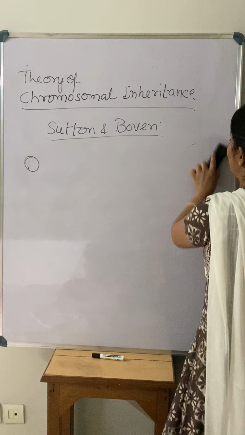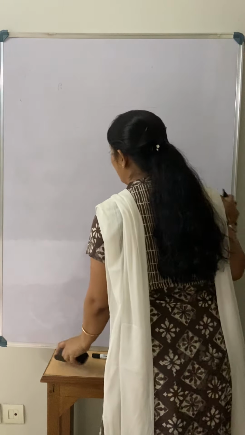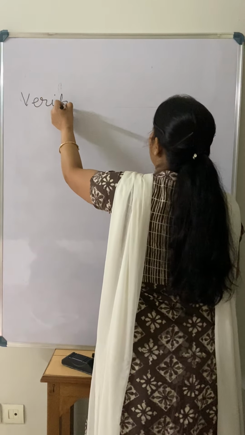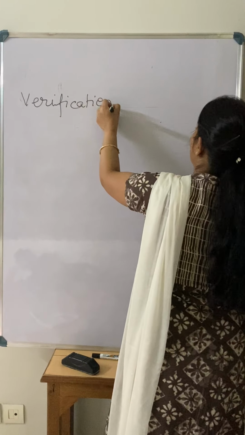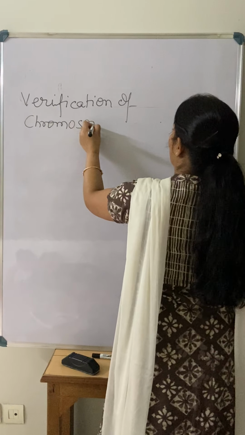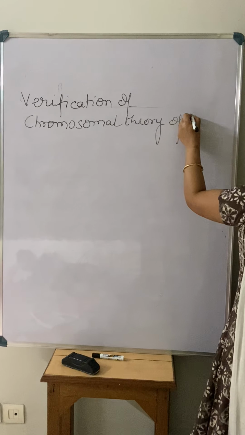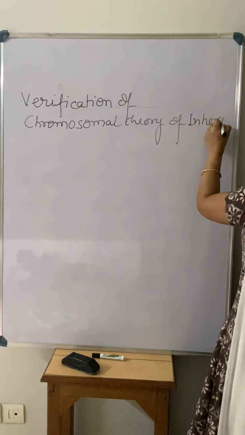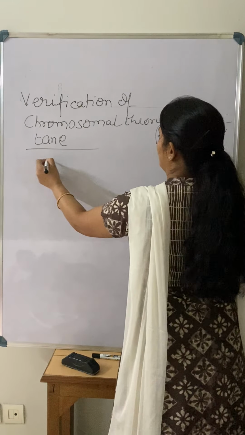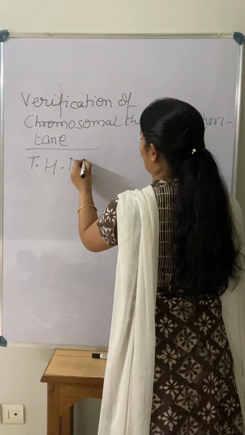The name of that scientist is T.H. Morgan, and T.H. Morgan, along with his colleagues and his students, verified the chromosomal theory of inheritance.